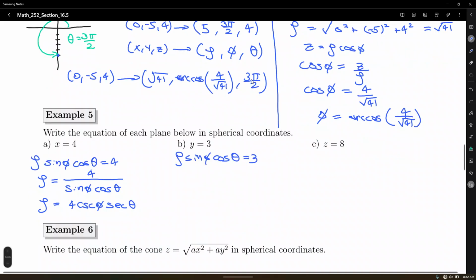In a similar way, divide both sides by sine phi cosine theta. That leaves us with rho equals 3 over sine phi cosine theta. And again, move this to the numerator using trigonometric identities. That is 3 cosecant phi secant theta.